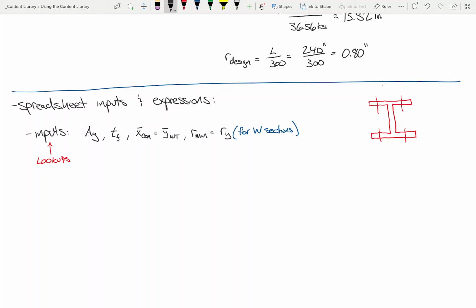What am I missing? BF and D. Why do I need BF and D? For the shear lag factor, right? I'm going to need BF and D. Those are properties I'm going to need to be able to do this problem. Sound good?